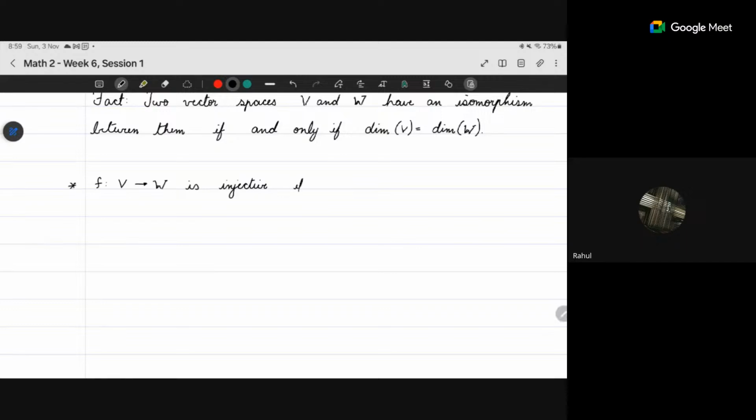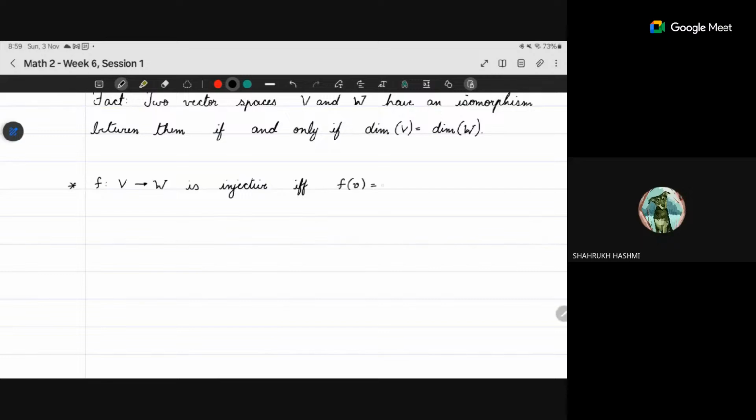So it is injective if and only if the kernel of F is the zero subspace. I have not said what kernel is, right? Has kernel and range been covered in the previous session? No, sir. Okay.